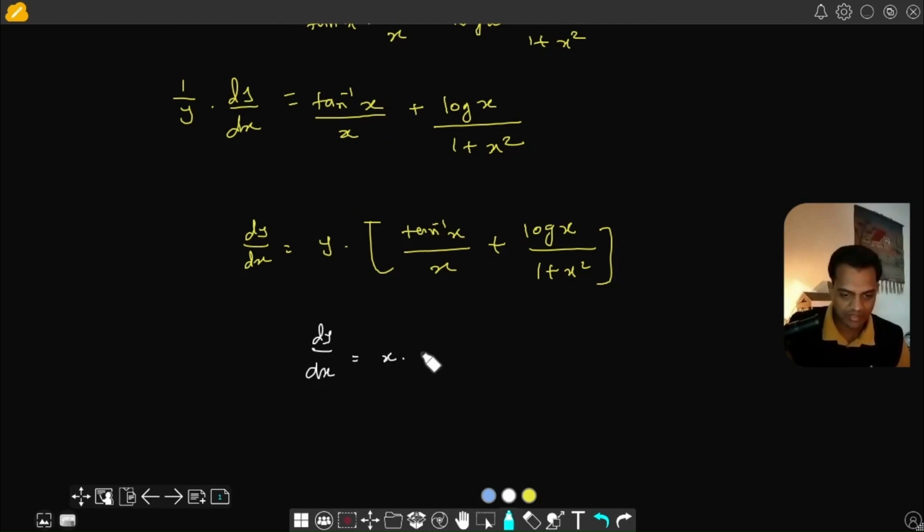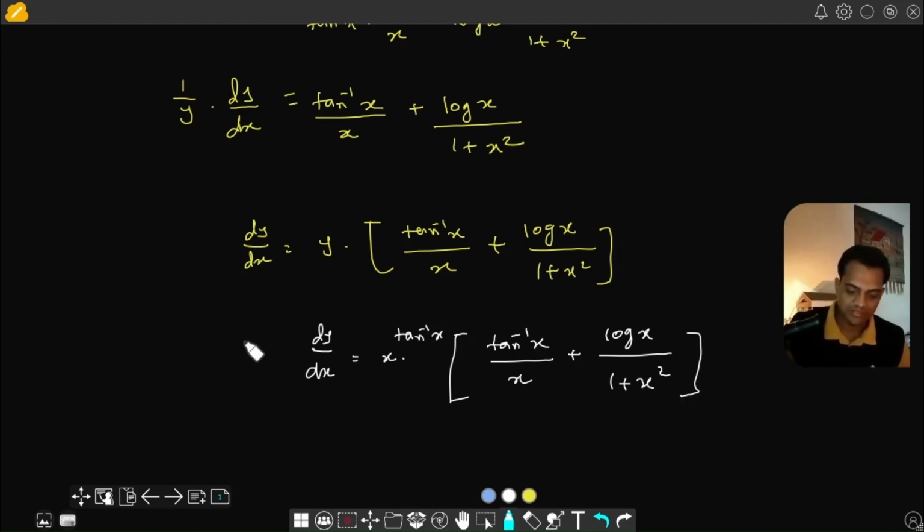So x raised to tan inverse of x multiplied by tan inverse of x divided by x plus log of x divided by 1 plus x square. This is the final output for this expression.